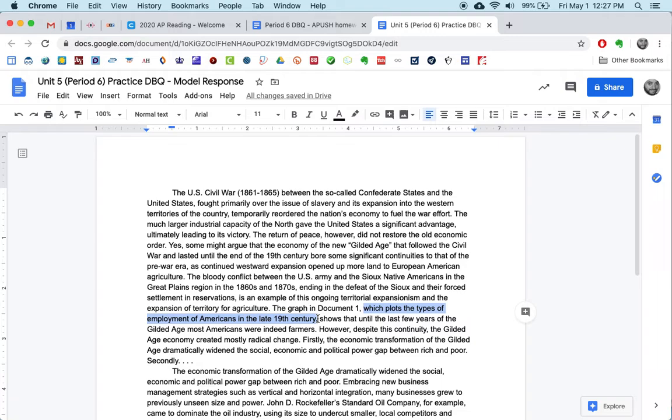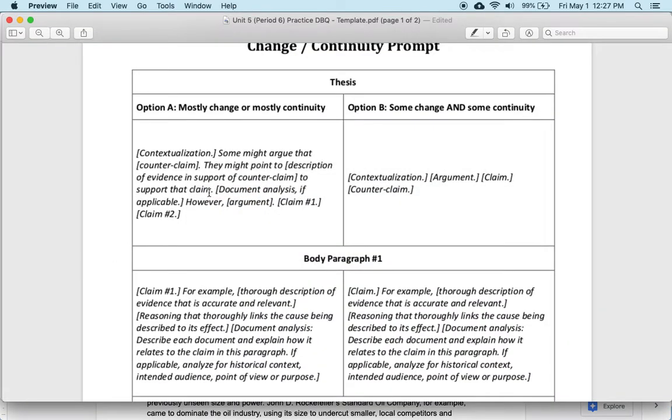It shows that until the last few years of the Gilded Age, most Americans were indeed farmers. That's me connecting the document to the counterclaim that continued westward expansion opened up more land to European American agriculture. Boom, I've knocked out 1 document. Now I'm going to go on to my argument.